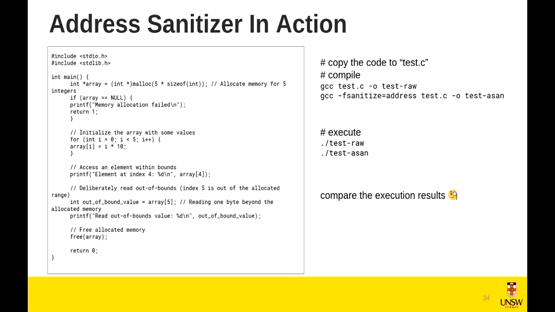So we may print out whatever content is in this piece of memory. And after that, we just free this allocated memory. So let's try to compile this program with and without address sanitizer and observe the differences during compilation.